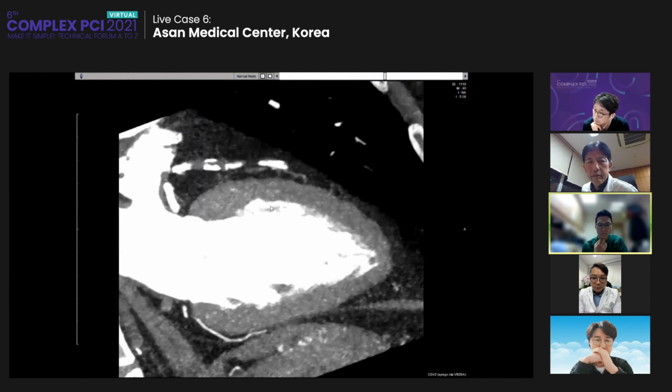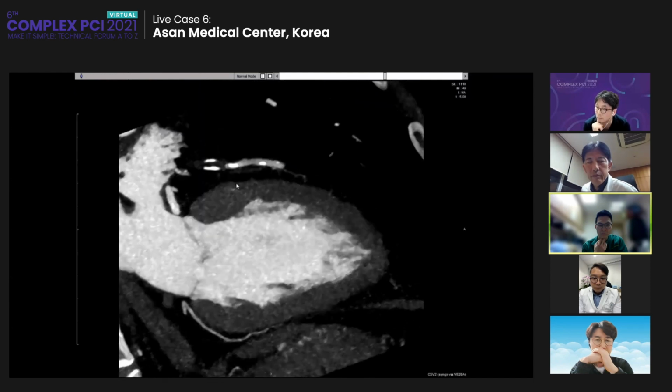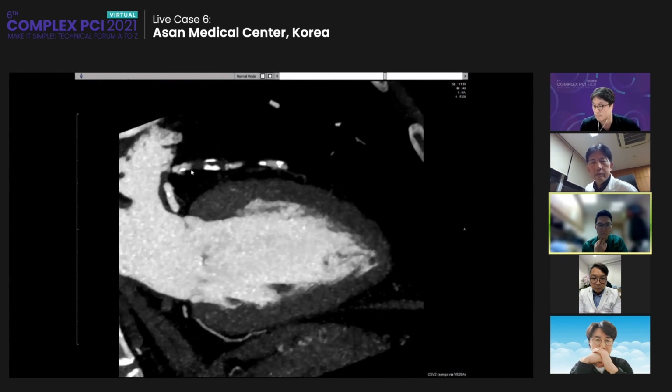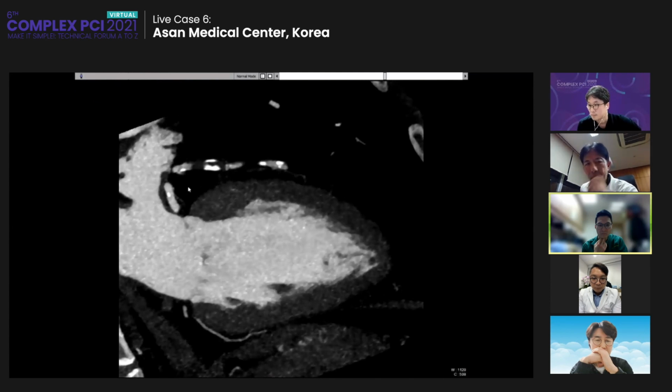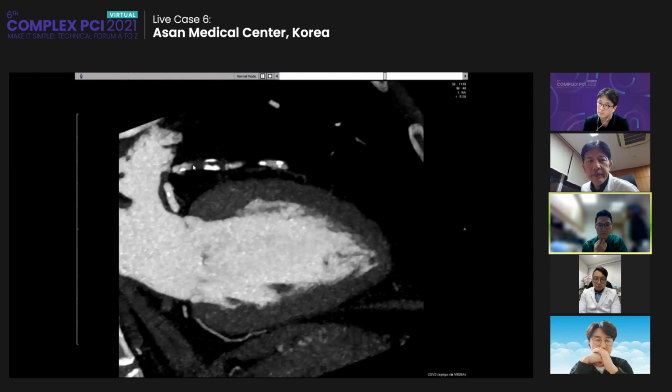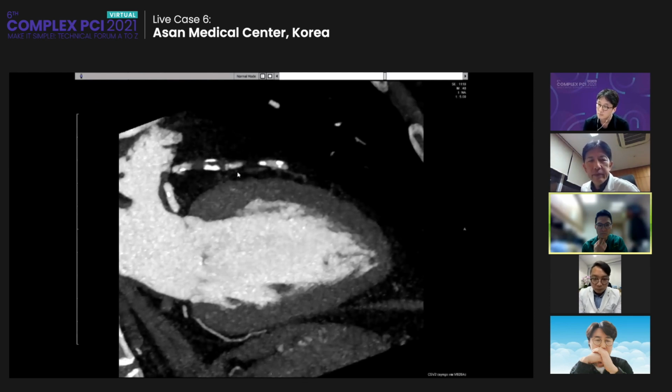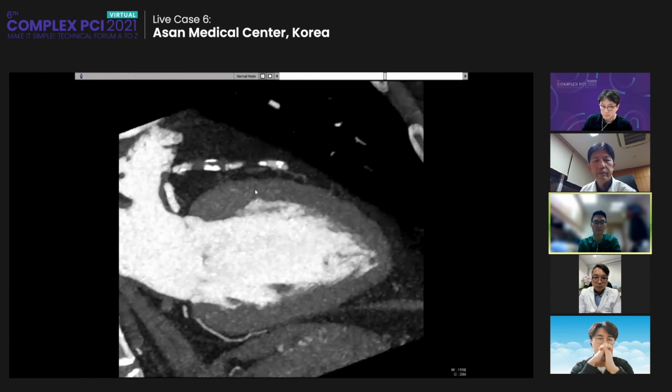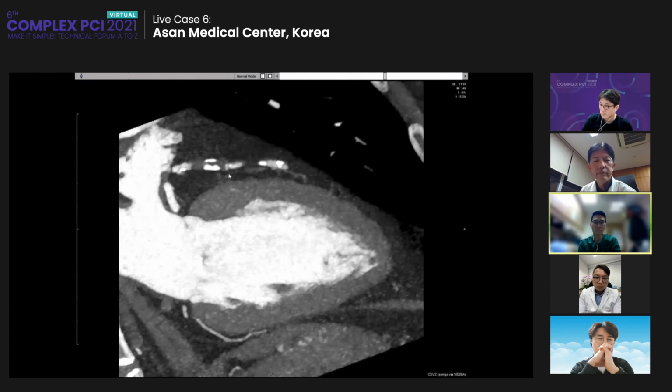And if you look carefully, there is some tapered portion at the proximal cap here, and we can target through the calcium at the upper portion and the lower portion. If it's visible at the angiogram, we can target the wire going through these two dense calcifications, and then go through the distal cap.